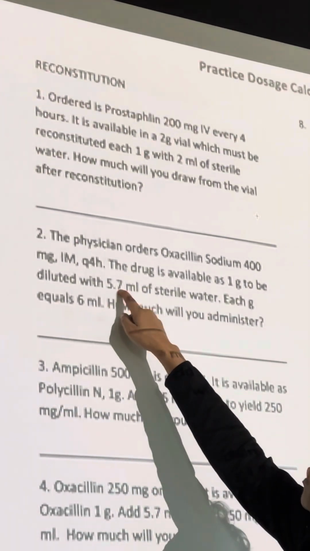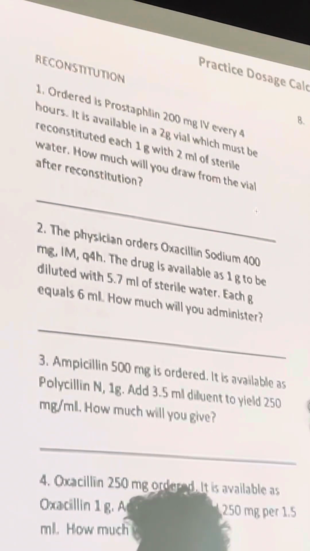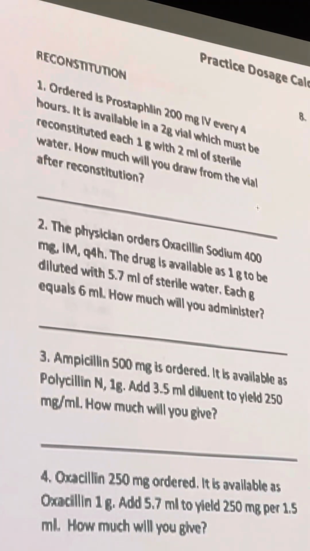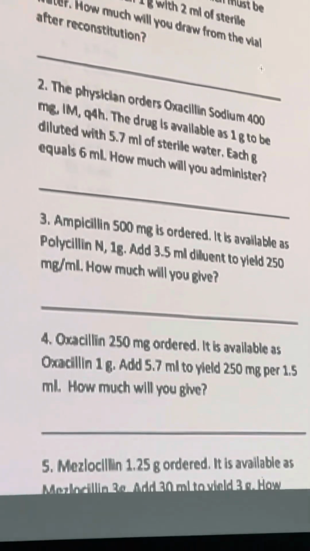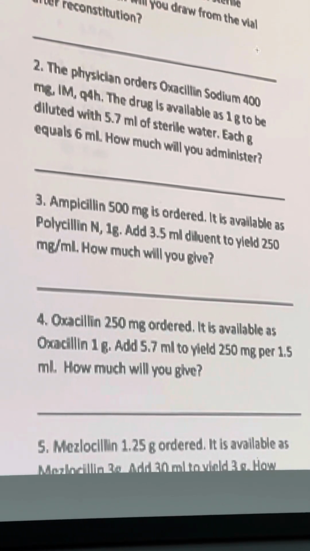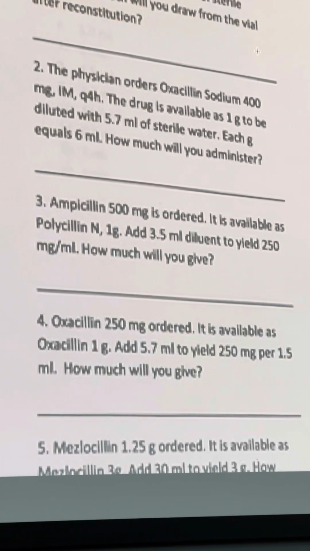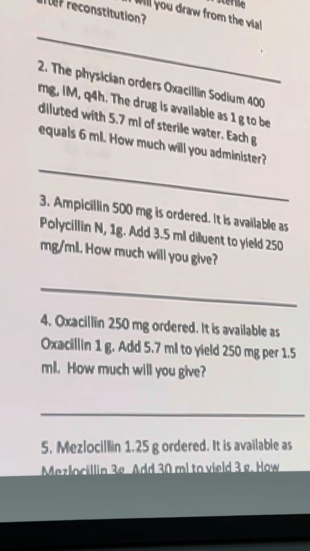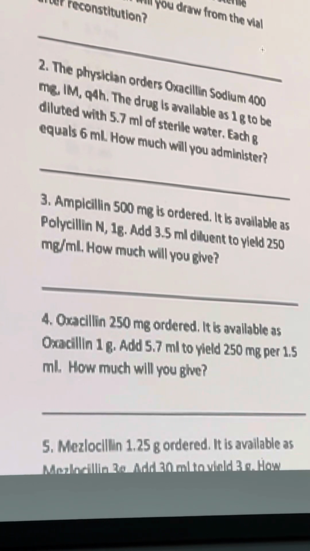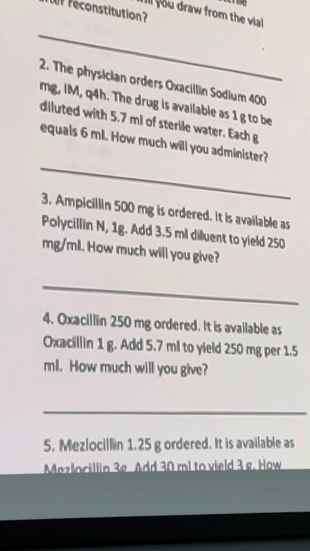You will ignore that. The 1 gram 6 ml is the concentration of the final product. Number 3. We have the order, then we have, it is available as polyethylene N, 1 gram, and it said add 3.5 ml diluent to yield 250 milligrams per ml. What will we use? 250 milligrams per ml.